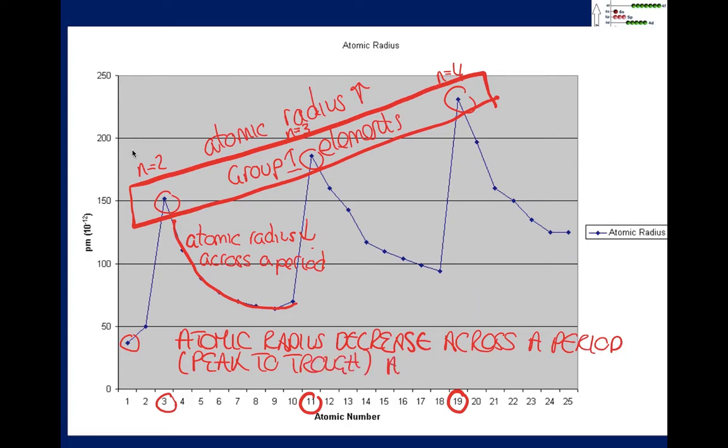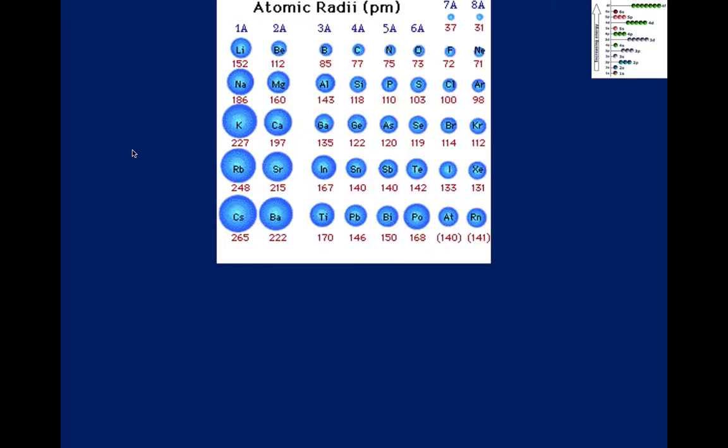And it's increasing down the group, which is the peaks. So that's going to go in the space underneath the graph. Again, this is just another visualization showing you the numbers. It doesn't have the transition metals in here, but you can see it is increasing down your group and it is decreasing across your period.